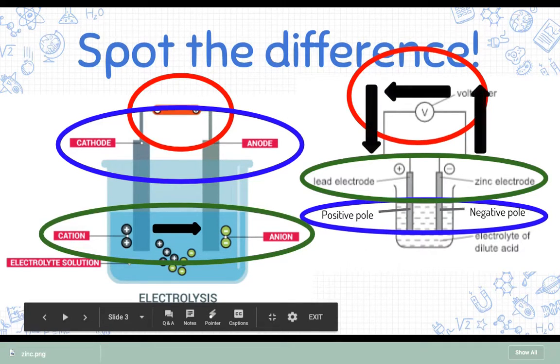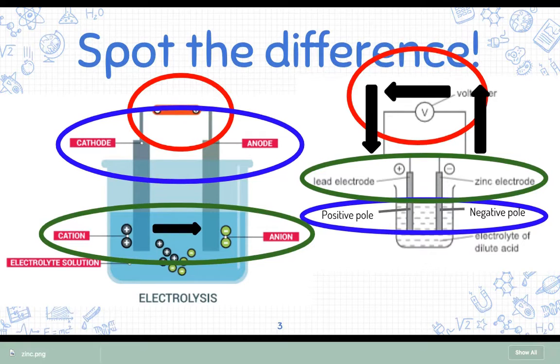So you'll see here that the flow of the electrons comes from the negative pole through the voltmeter or the bulb or whatever it is you're using to harvest your electricity or measure your electricity, and down into the positive pole, which is entirely different to the electrolysis cell, which is flowing from the anode around to the cathode and then through the electrolyte.